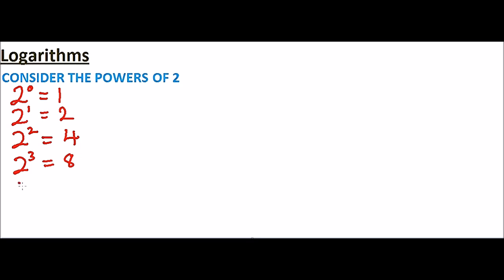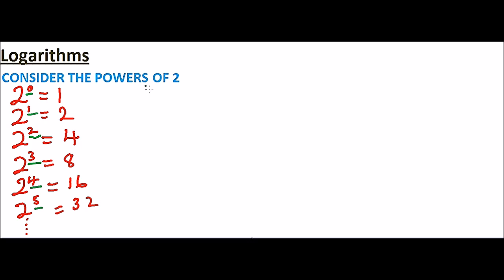We have 2 to power 4 is equal to 16. 2 to power 5 is equal to 32, and we can continue on and on. Now we notice that here we have what we learned as indices. So 0, 1, 2, 3, 4 and 5 are the indices.